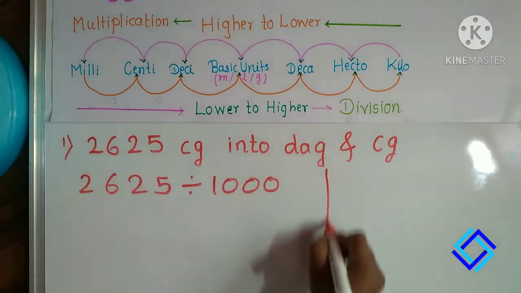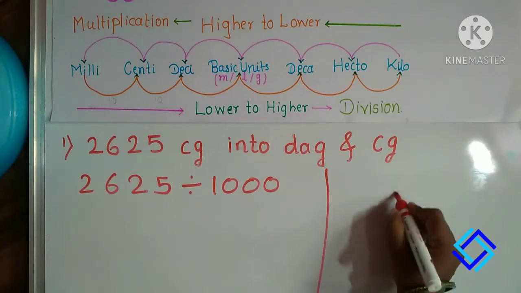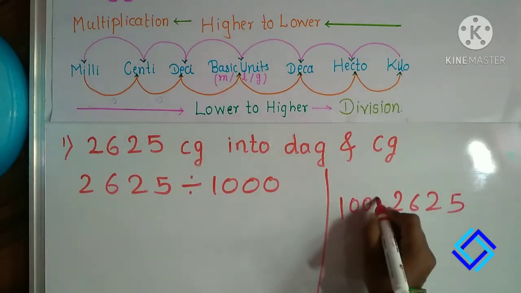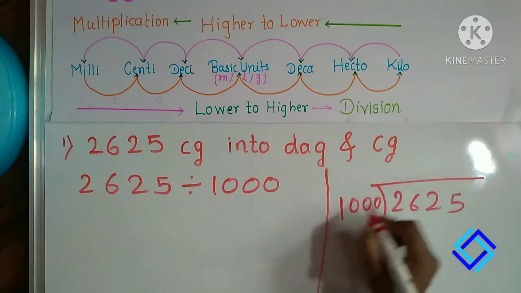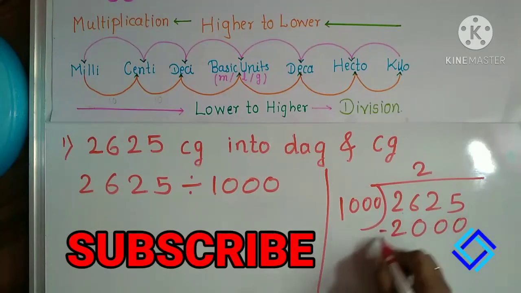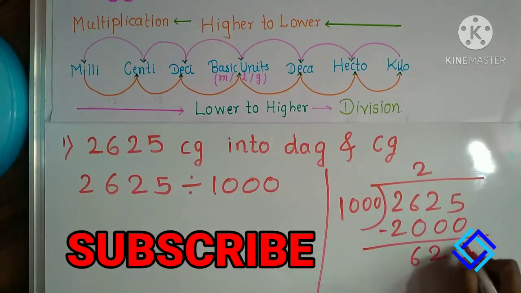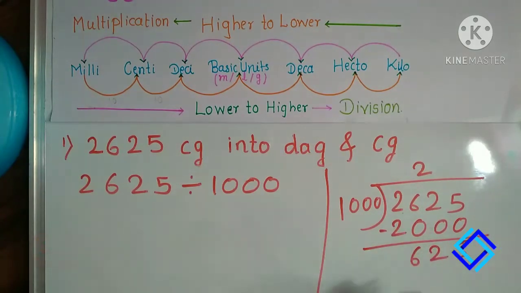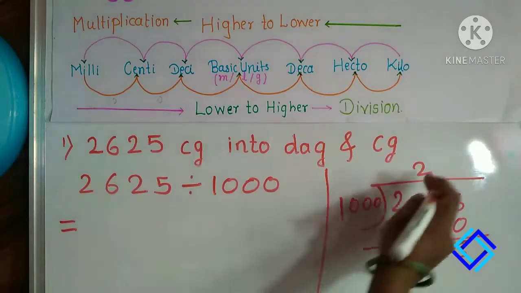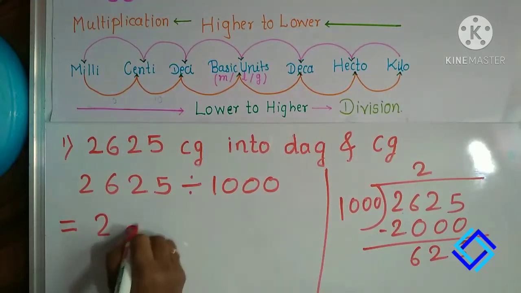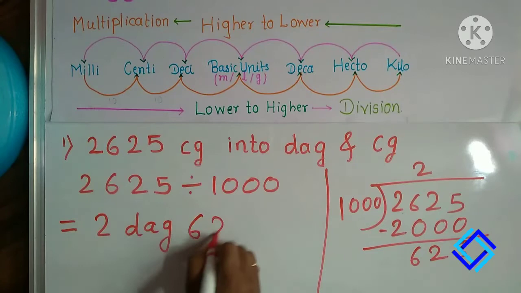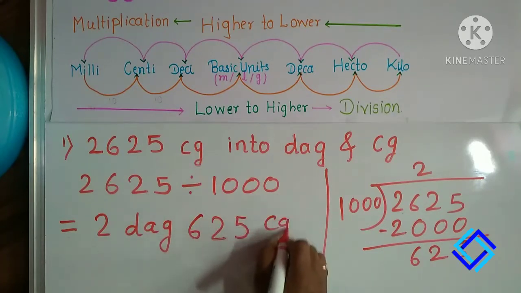If you divide it by 1000, then you will get 625 as a remainder, 2 as a quotient. So it's equal to whatever quotient, that is decagram, and whatever remainder remains, that is centigram.